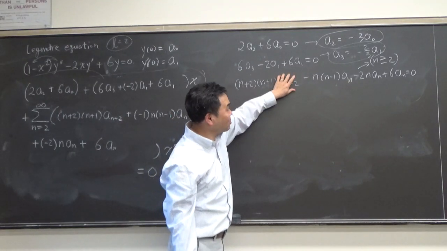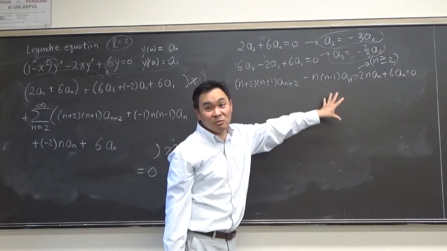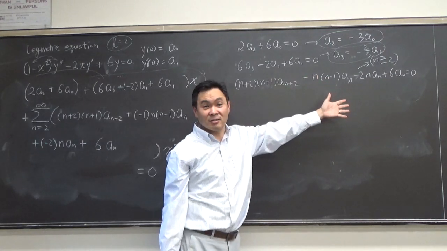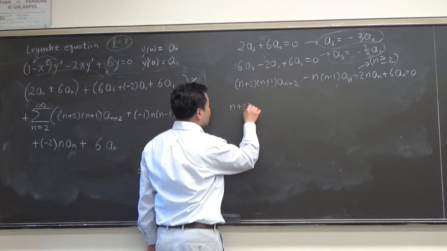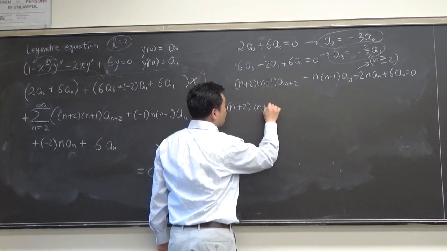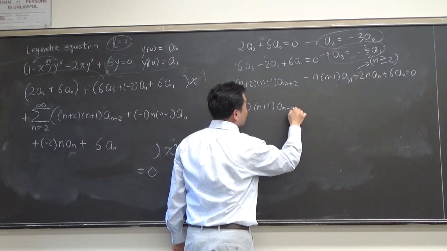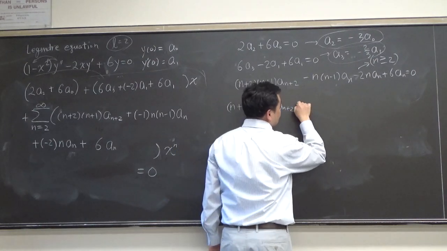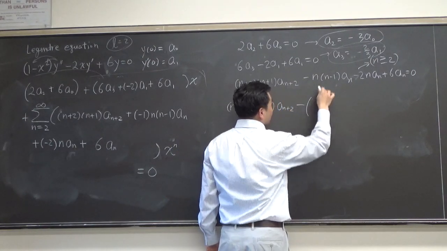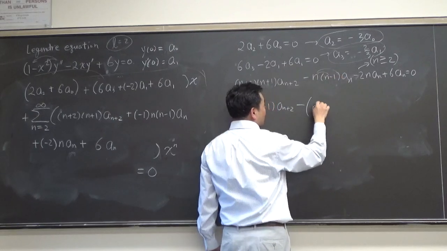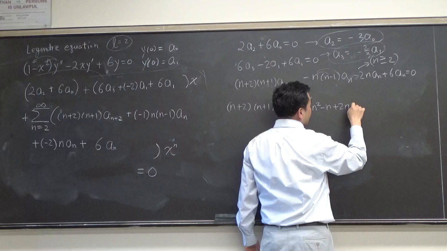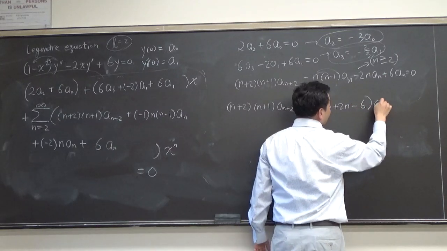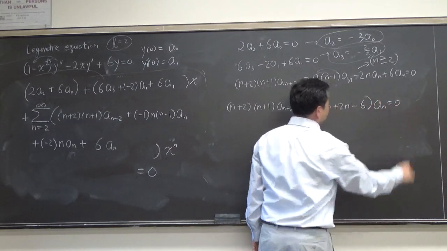You want this to be a function of something times a_n. Is that good? All right, so let's do that. So (n+2)(n+1)a_{n+2}, and if you put a minus here and multiply this out, that's n squared minus n plus 2n minus 6, times a_n equal to 0.